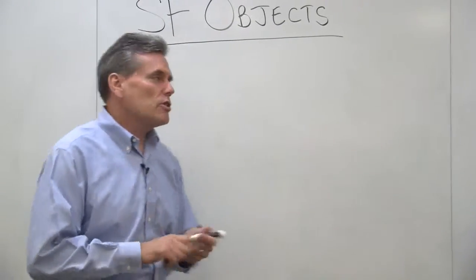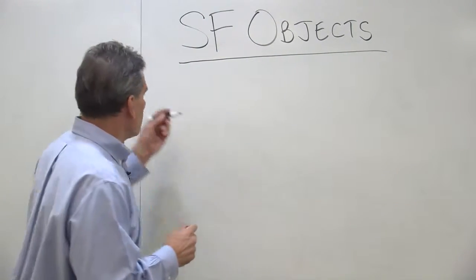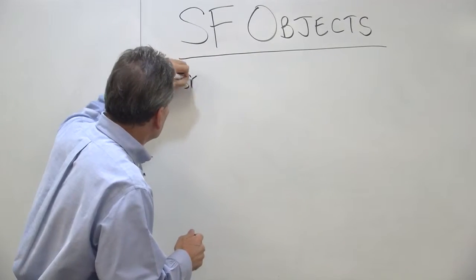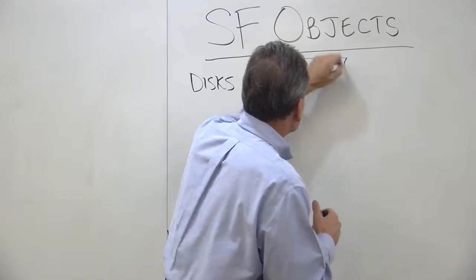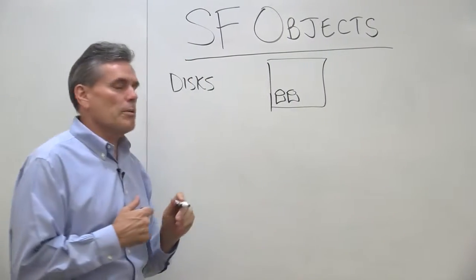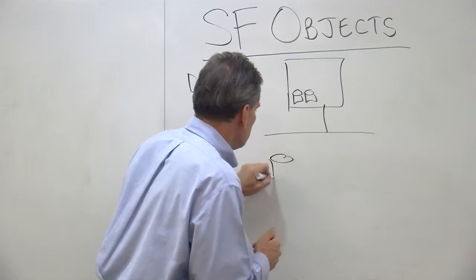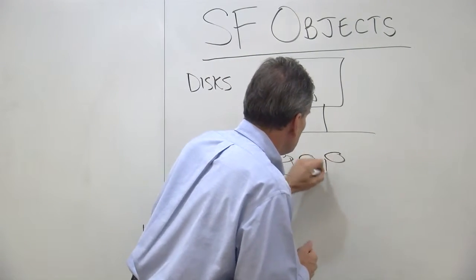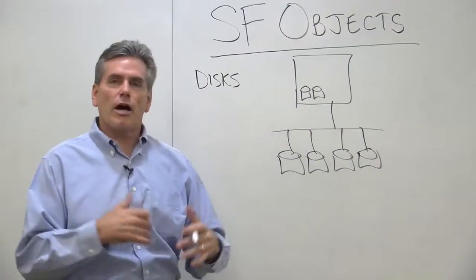Okay. So the first key object that we have with Storage Foundation is disks. Right? Now, if you think about it from a server perspective, it might have a couple of internal disks, and then there's going to be some number of LUNs out on the SAN.